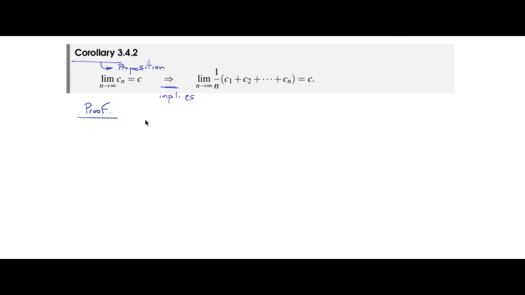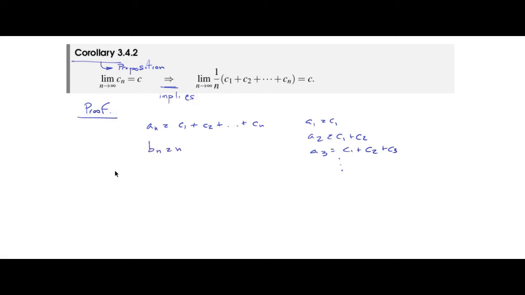If we name this sequence c sub 1 plus c sub 2 plus and so on plus c sub n, this is a new sequence, right? So for instance, a sub 1 is c sub 1, a sub 2 is c sub 1 plus c sub 2, a sub 3 is c sub 1 plus c sub 2 plus c sub 3, and so on. So it is a new sequence. And we call b sub n n.